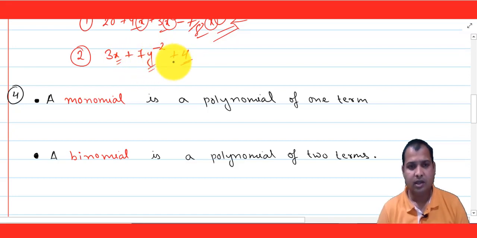But in order to be a polynomial, the power of each variable should be a positive integer. Like here, power of this x is 1, that is a positive integer, but power of this y is minus 2, which is not a positive integer. Hence, this algebraic expression is not a polynomial.